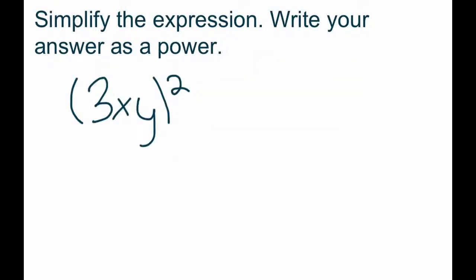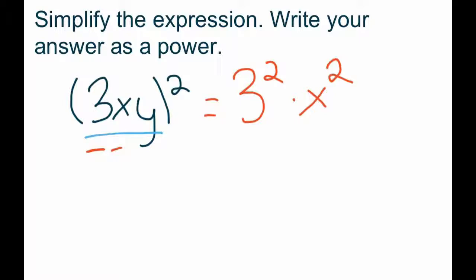Let's try one more final example. Here we have 3xy raised to the second power. We have 3xy as our product. So we need to separate them and take 3 raised to the second power and multiply by x raised to the second power, and then also y raised to the second power.